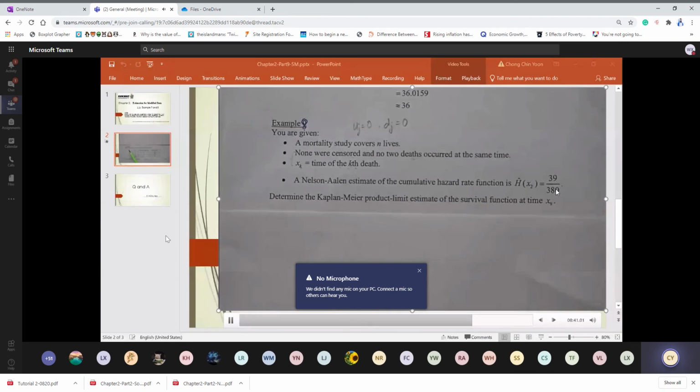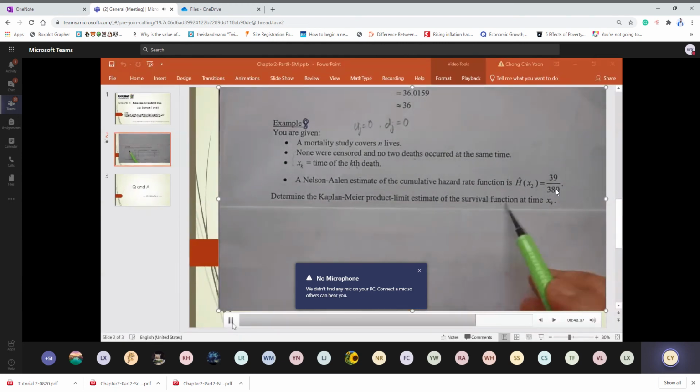So if you look at this question, our aim is to use Kaplan-Meier instead of Nelson-Aalen to calculate what is the survival function at x9. Here I want to highlight that in tutorial questions, some questions are mixed together.